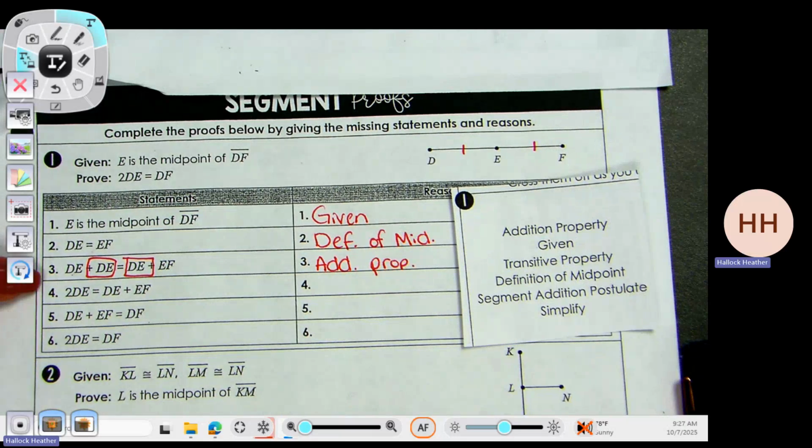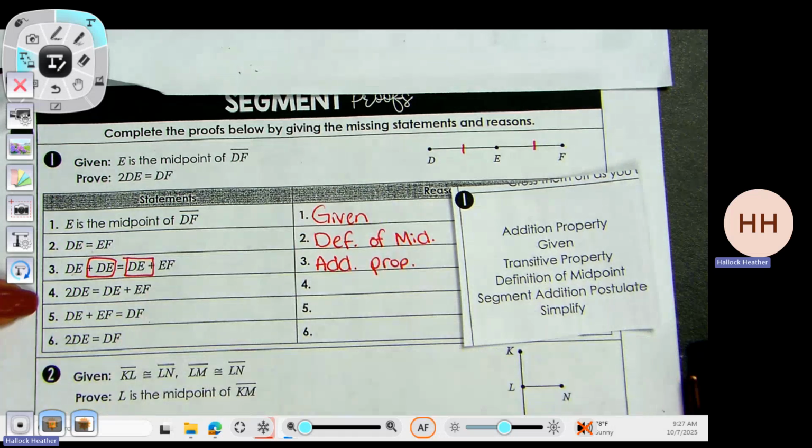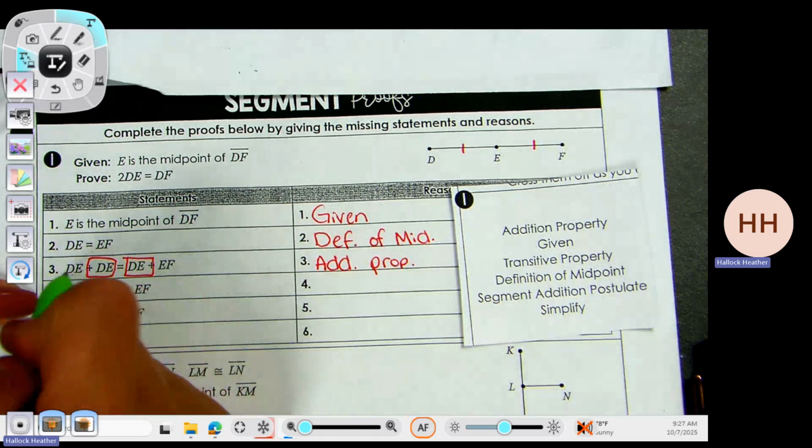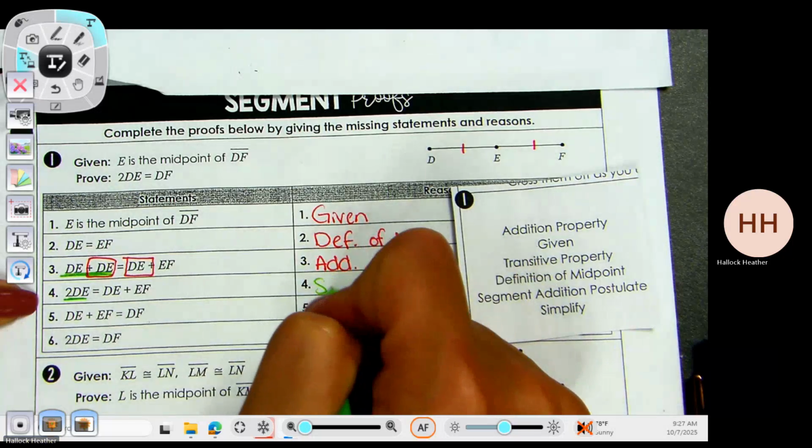And then from step 3 to step 4, it goes 2DE equals DE plus DF. What did they do? They simplified, because they combined like terms here. If you combine DE and DE, that makes 2DE. So that's simplify.